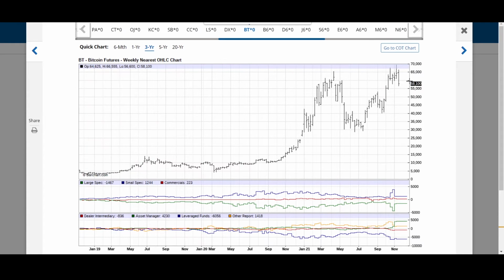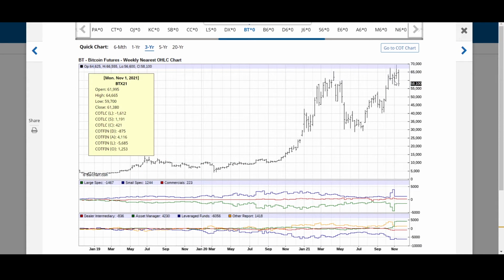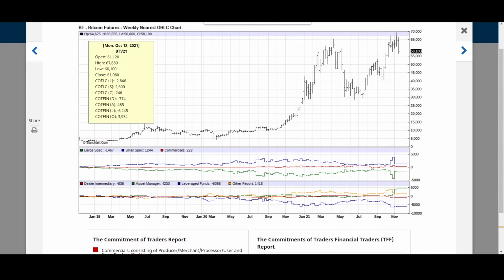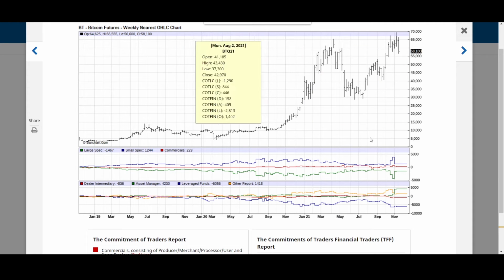Right now let's have a look at futures of Bitcoin. After this very rapid surge of Bitcoin on CME, we have found that right on the top we've seen a sell-off, the decreasing of positions of large speculators. However, increasing of small speculators.